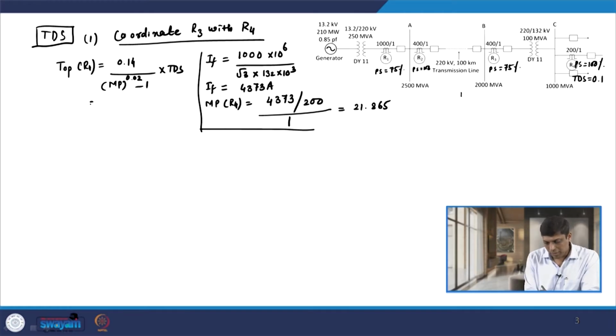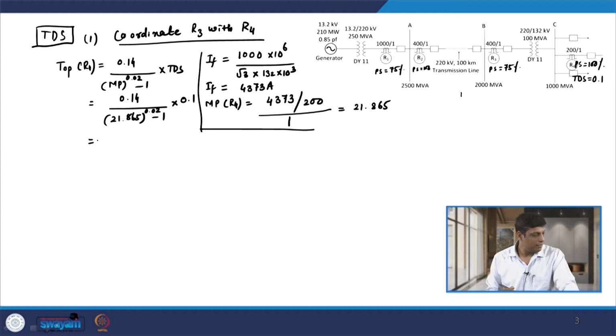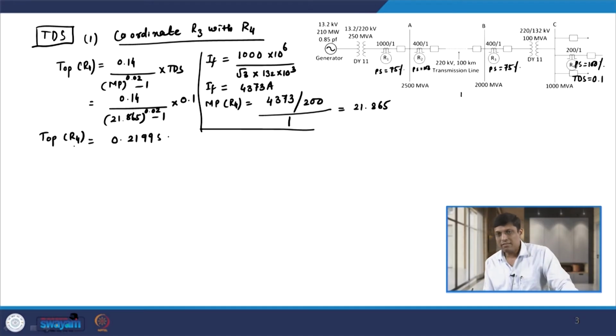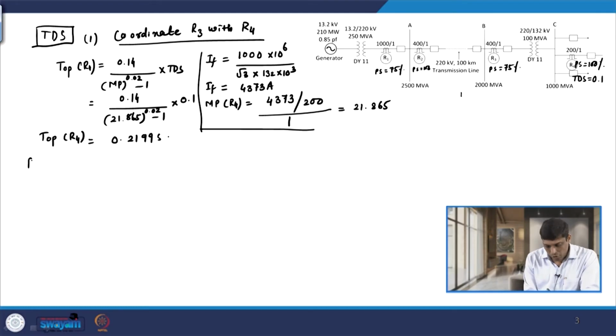Putting in the values, 0.14 with MP, which we have already calculated as 21.865, raised to 0.02 minus 1, into TDS, which is already given as 0.1. Solving this, we get 0.2199 second. This is the time of operation of relay R4 with the fault level of 1000 MVA at bus C. If I consider immediately after the relaying point R4, both are the same.